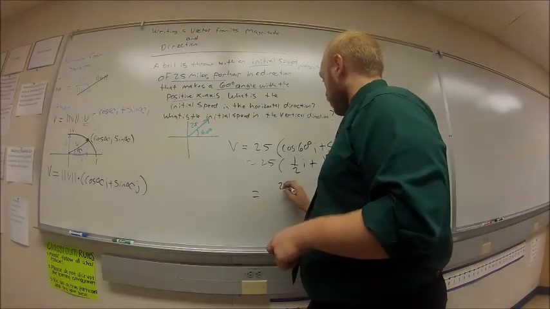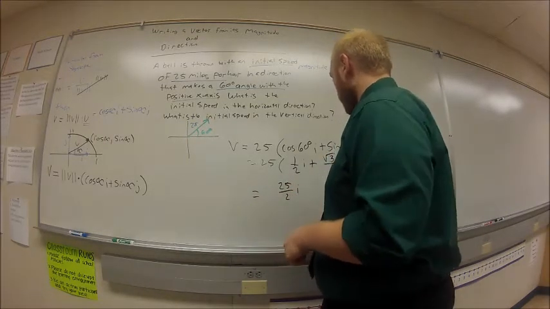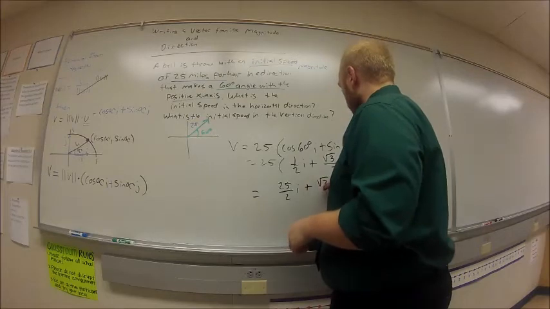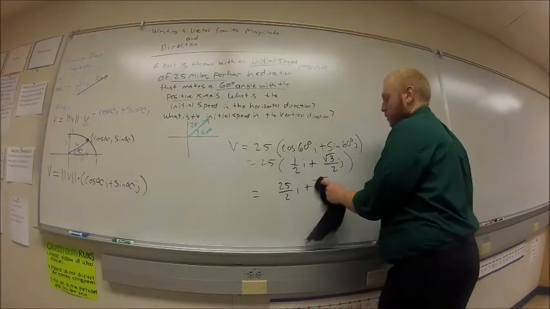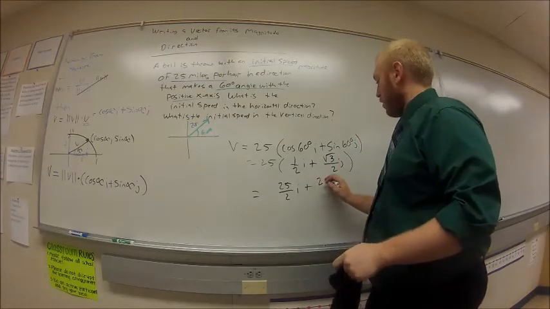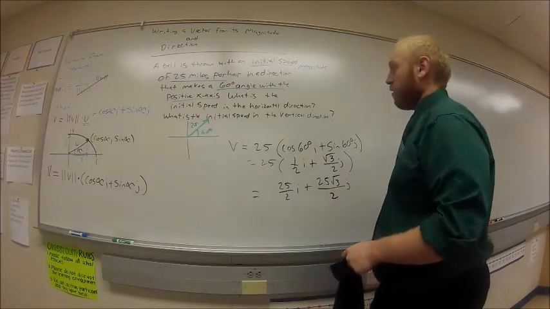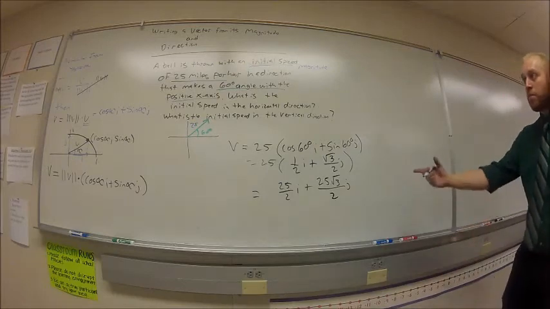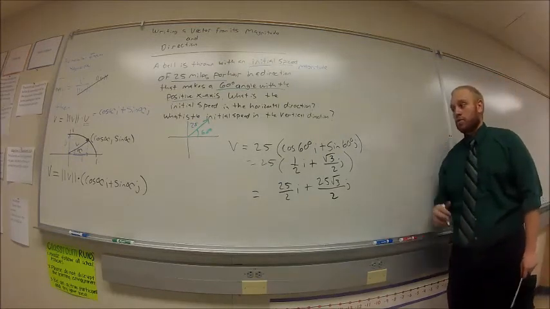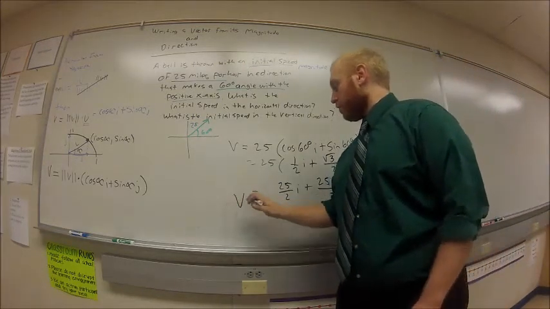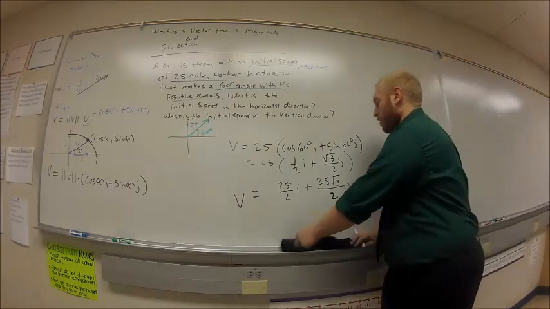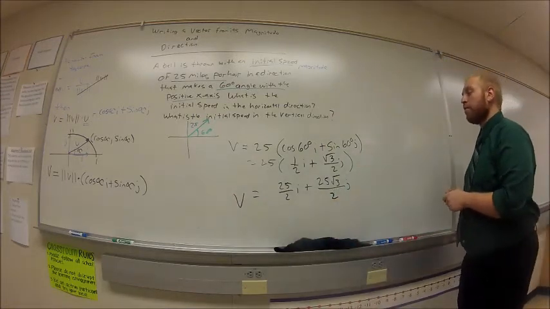Equals 25 over 2 i plus 25 root 3, I apologize, I need to distribute to both sides, not just one, 25 root 3 over 2 j. And that's going to be the vector we need to answer these questions. So we know that the big vector was 25 over 2 i plus 25 root 3 over 2 j.